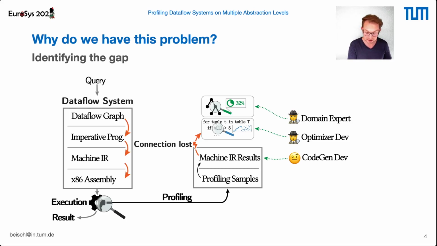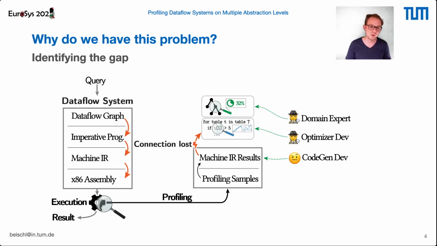Our generated and executed code is actually decoupled from the dataflow system itself, because we generate this code with our system's code generation engine, then we compile it and execute it again. So in short, we have a gap between our generated code and the dataflow system itself.